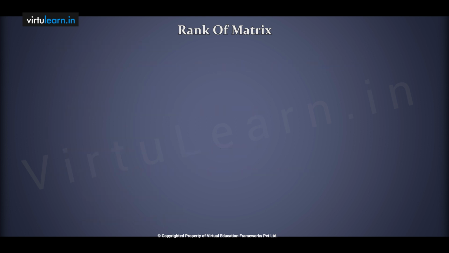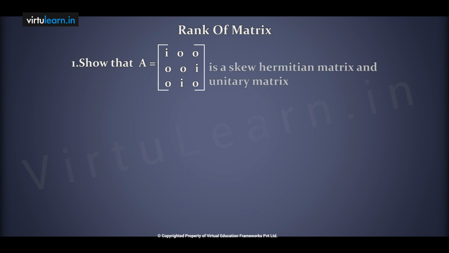Problem: show that capital A equals the matrix with first row i 0 0, second row 0 0 i, third row 0 i 0, is a skew Hermitian matrix, and also show that it is a unitary matrix.